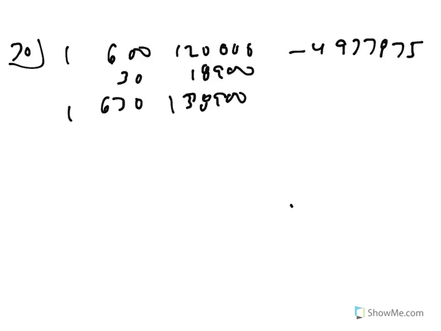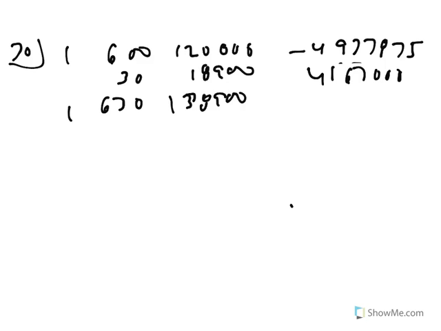Multiply that by 30. Get this large number. Actually, let me correct this: 138,900 times 30 is apparently 4,167,000.